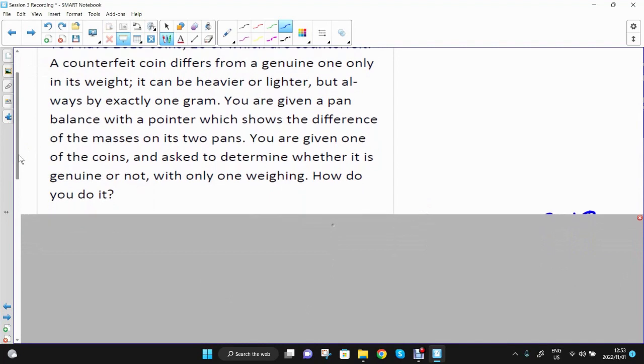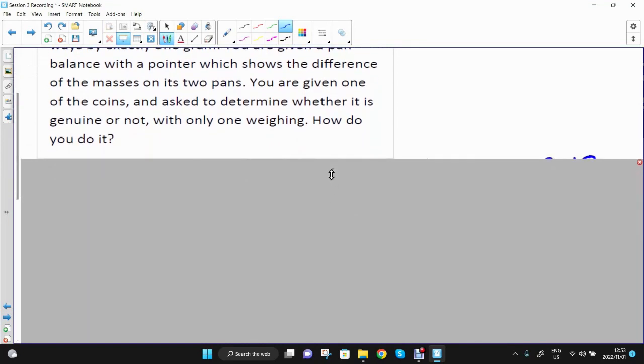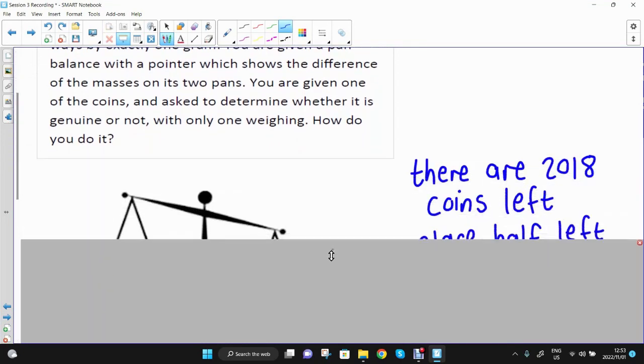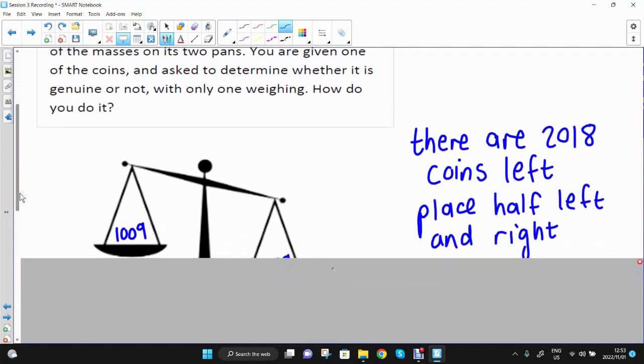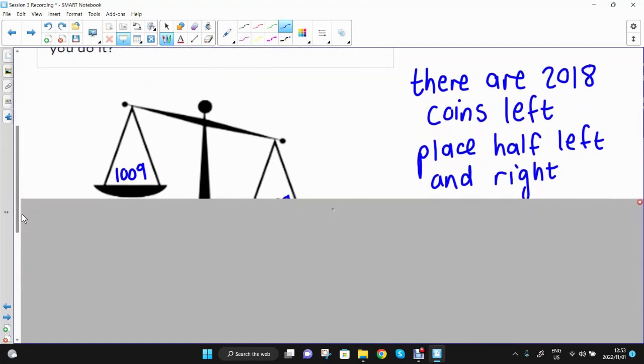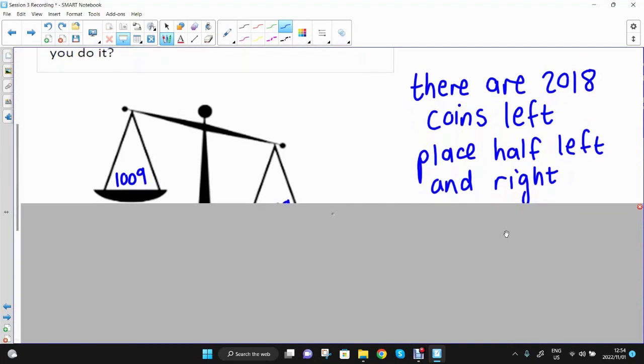So this is quite an interesting problem, and also very clever. But once you've got the trick, and if you can remember this trick, it is actually quite awesome. So if one of the coins needs to be tested, we take that out of the total. So that one coin that we need to test is not part of the whole group anymore.